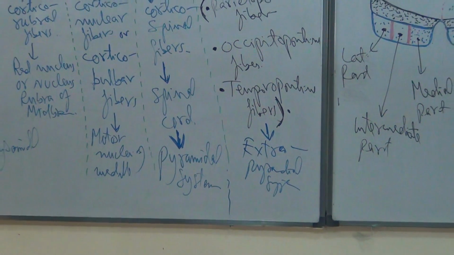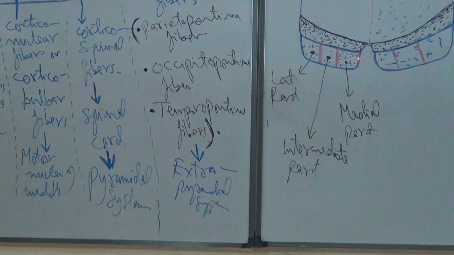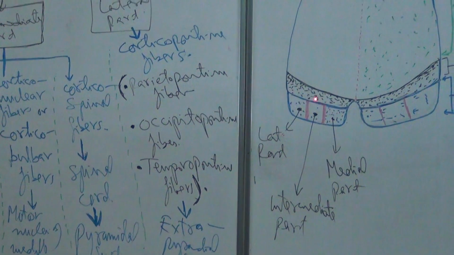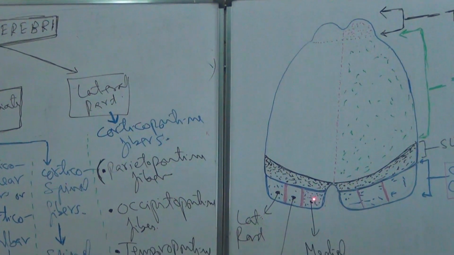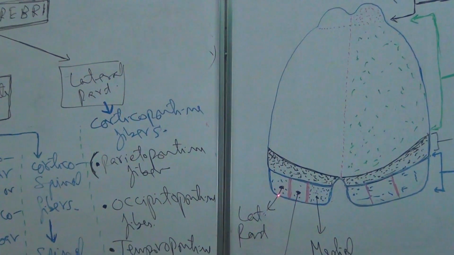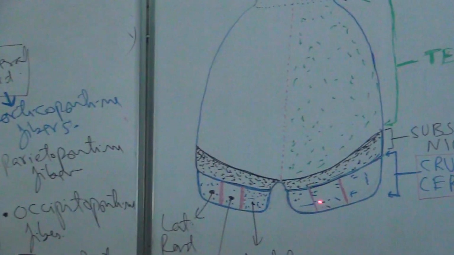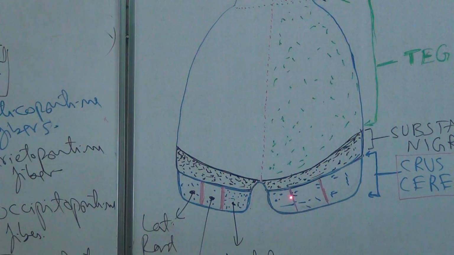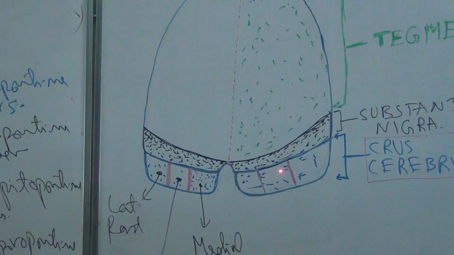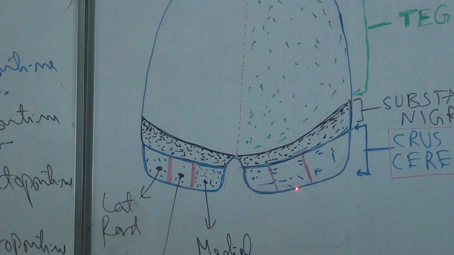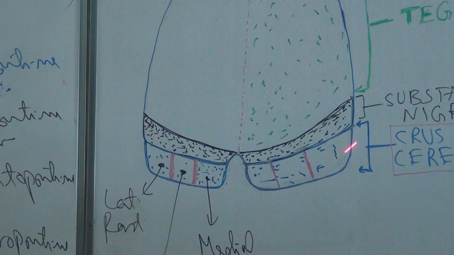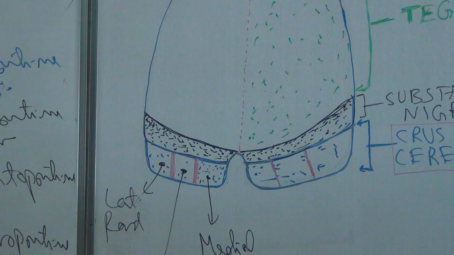So all these are descending or motor tracts, descending through the three parts of the crus cerebri of the midbrain: medial part, intermediate part, and lateral part. But here there is an arrangement of the cortical fibers or tracts according to the different parts of the human body.